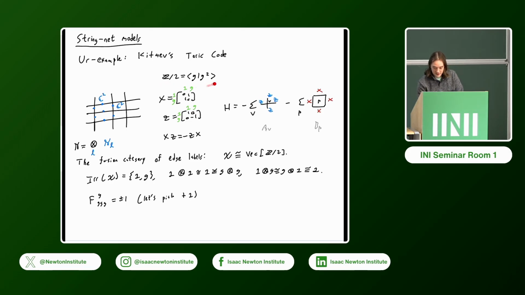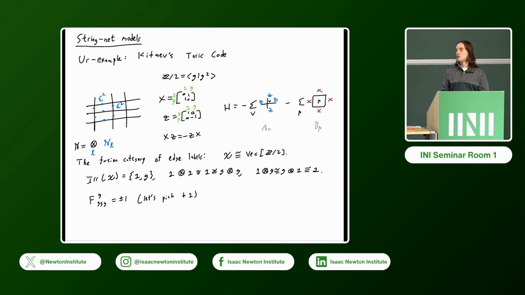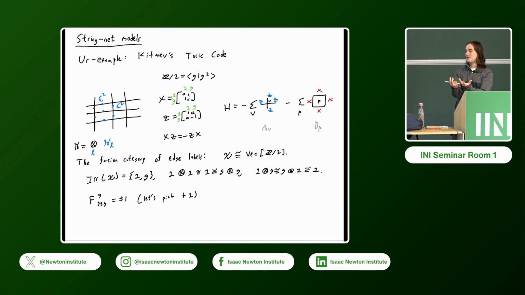This is highly related to the group Z mod 2, and I'll call the non-trivial element of this group little g, and the trivial element 1. So what we do is we have a square grid, at least locally a square grid. Globally, there could be some interesting manifold, like a torus, that this grid tiles. I'll not be specific about that right yet.